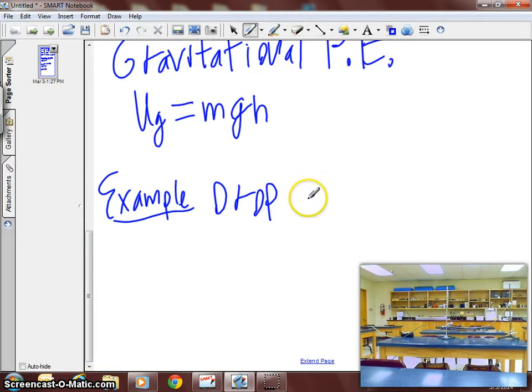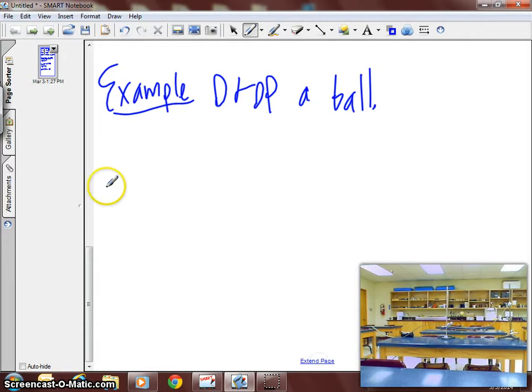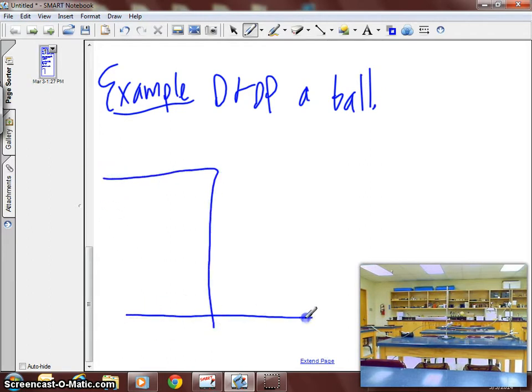So in this example, we dropped a ball. We have a starting height of height h above the zero reference.